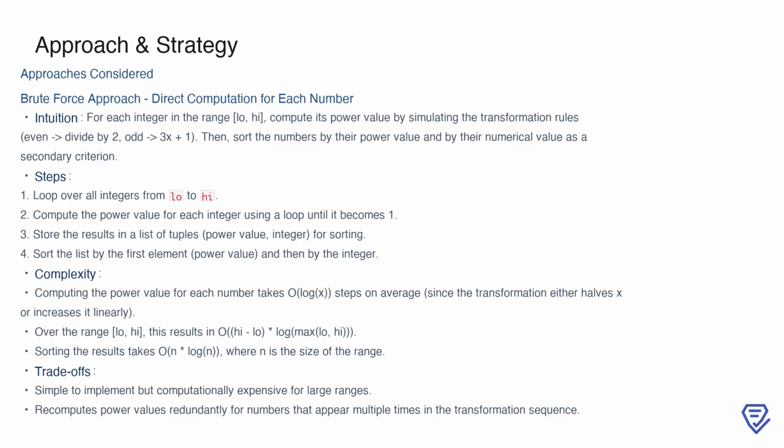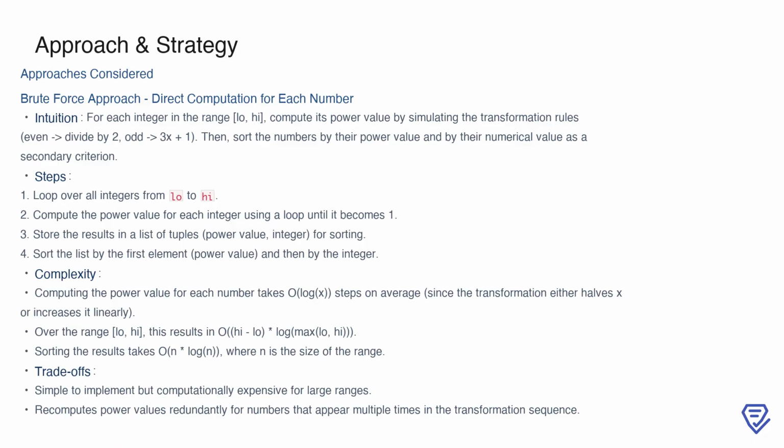Once we have the power values, we store them as tuples of the form (power value, integer). Sorting these tuples first by power value and then by the integer provides the desired result. However, this method comes with some trade-offs. It's simple to implement, but computationally expensive, especially for large ranges, because we redundantly recompute power values for numbers that appear multiple times in the transformation sequence.